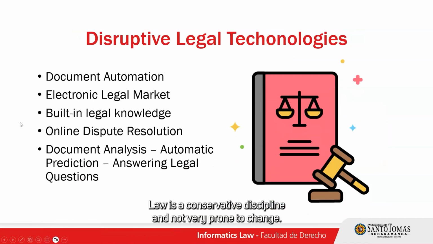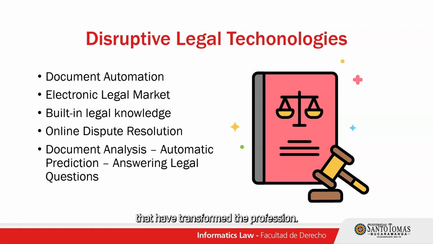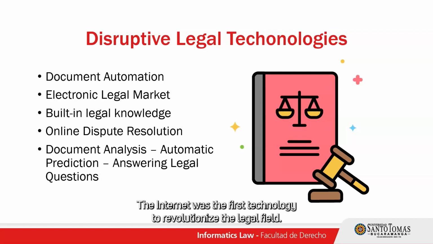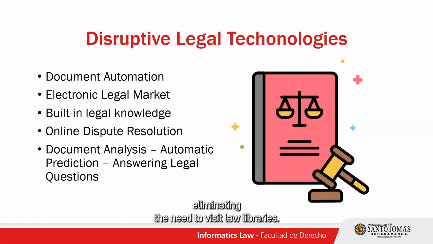Law is a conservative discipline and not very prone to change, but throughout history, there have been technologies that have transformed the profession. The Internet was the first technology to revolutionize the legal field. It allowed lawyers instant access to a wealth of information, eliminating the need to visit law libraries.